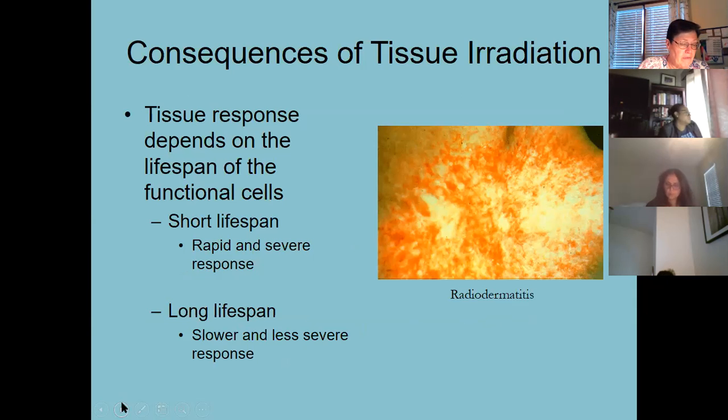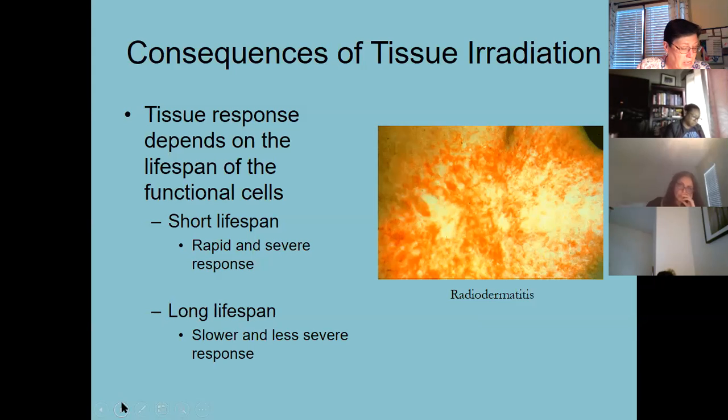If you have functional cells that have a very short lifespan, and there are no stem cells to move through the different compartments to replace them, you will see a rapid effect. For example, if we think about blood cells, the lymphocytes, which are part of our immune response, they fight infection, only have a 24-hour lifespan.